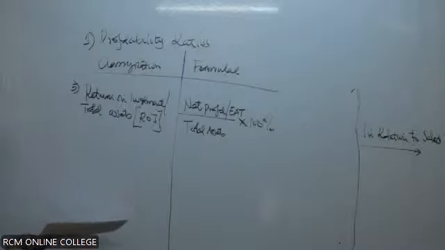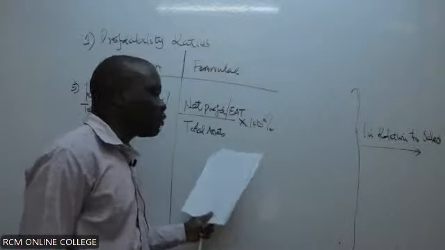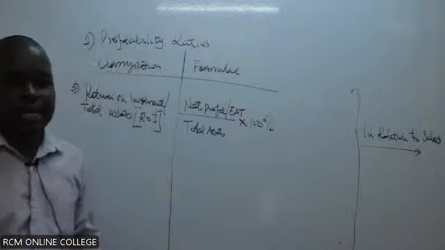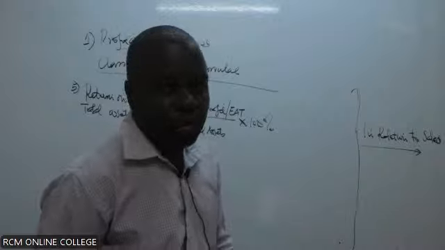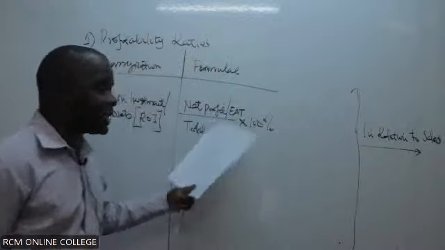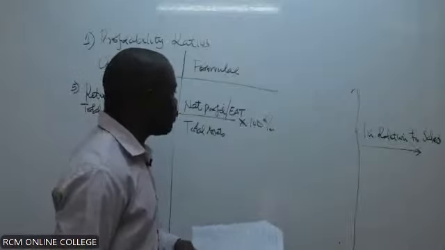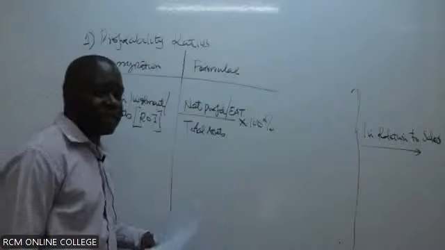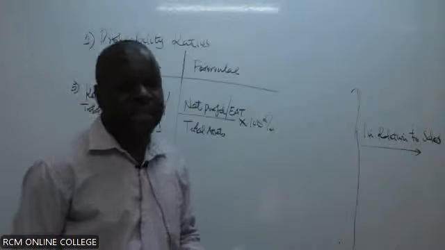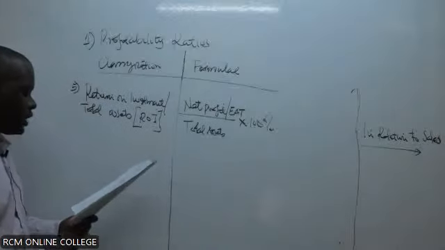The return you get from the business, you compare with how much you've invested in assets. Remember, the assets you are investing in, you've bought land, you've bought machineries. So these machineries you've acquired, are they bringing in a return? You compare the profit you are making when utilizing these assets to know the return on what you've invested. Because when you buy the assets, you are investing into the business. So what is the return you're having on the assets?